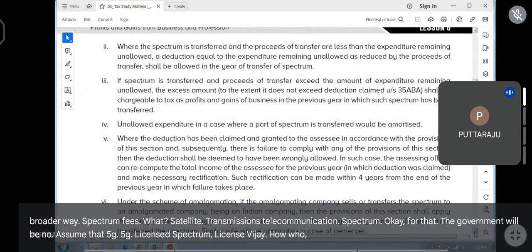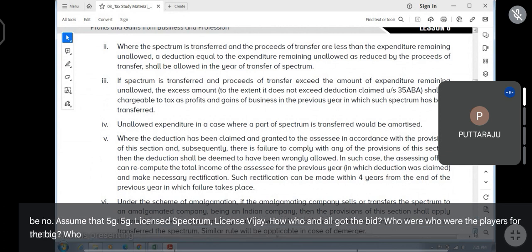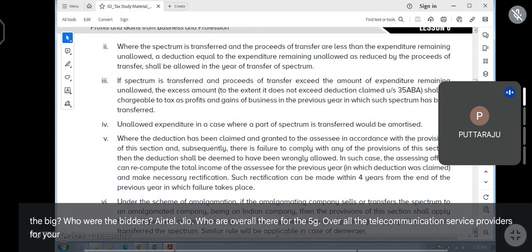Who were the bidders? Airtel, Jio. Who are all the telecommunication service providers for your mobiles, SIM, internet SIM? We take only two, Airtel and Jio.